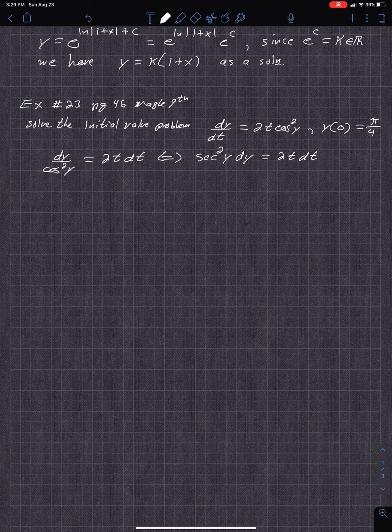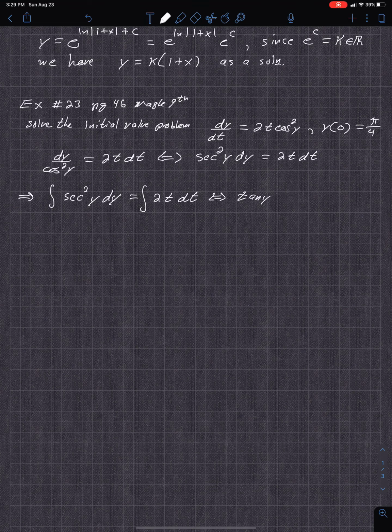All right, so now I integrate both sides. So then it's the integral of secant squared y dy equal to the integral of 2t dt. All right, so then you need to know what is secant squared y. The antiderivative of secant squared y is tangent. So that's tan y equal to t squared plus c.